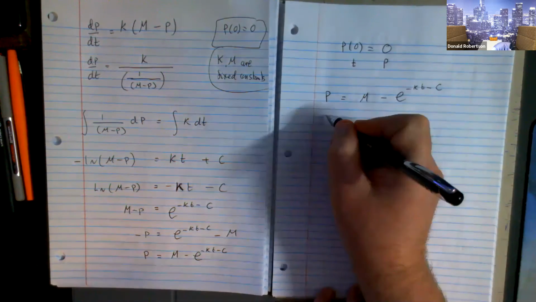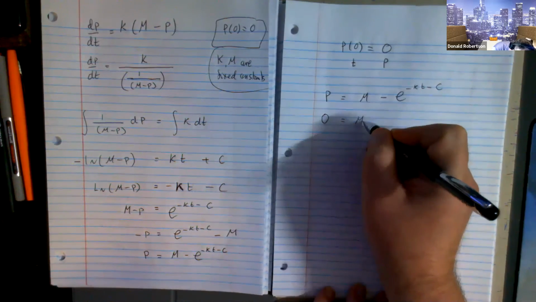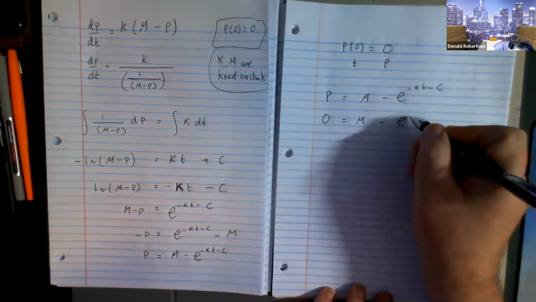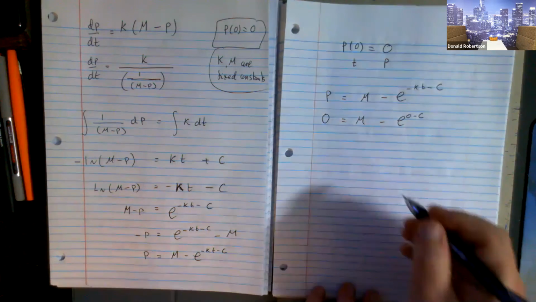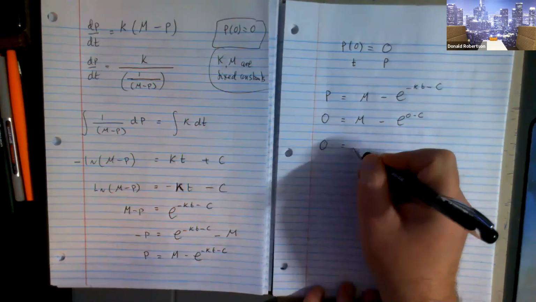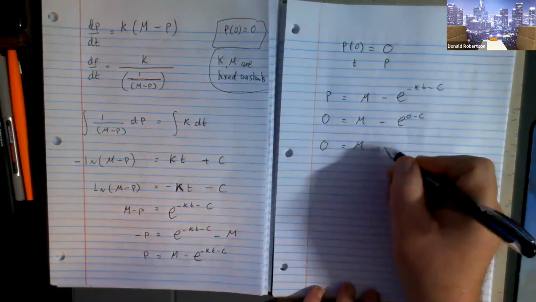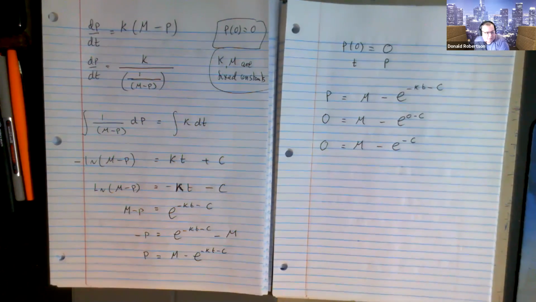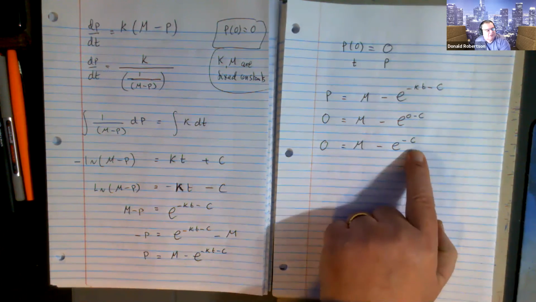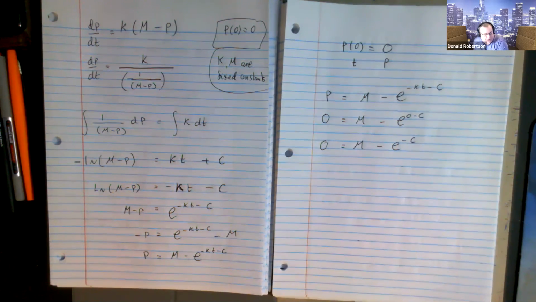And P is 0 when T is 0. That becomes E to the -c. Now remember, what we're after this time is we're after C. So it's a bit messy, but it should be doable.